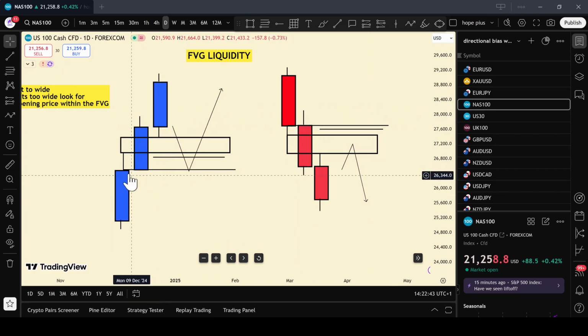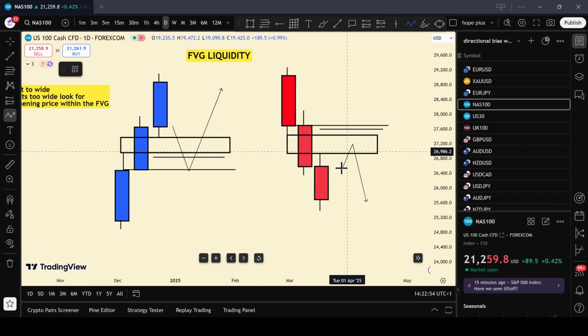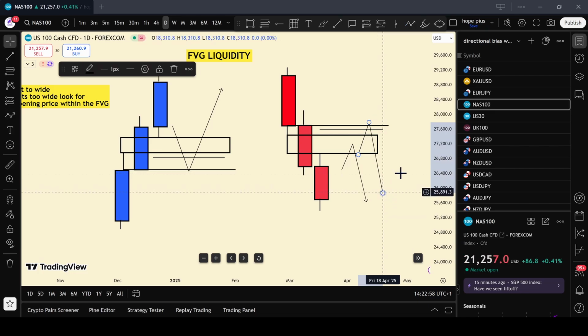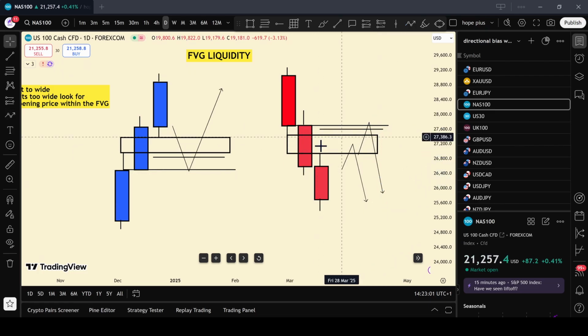This kind of opening price here is called the continuation opening price because it's the opening price that continues the direction of the previous candle. So I wait for the market to come and tap into my opening price, and then move after taking out whoever placed a stop loss just above the fair value gap.